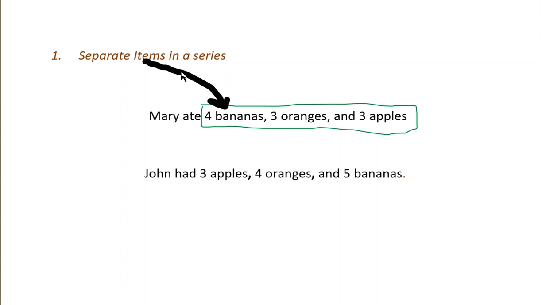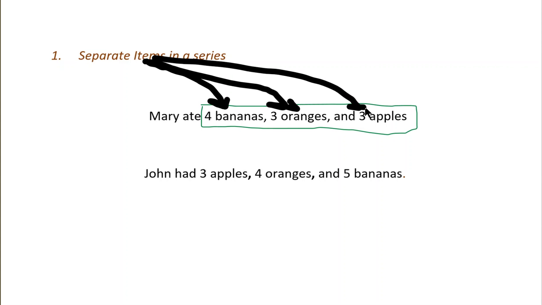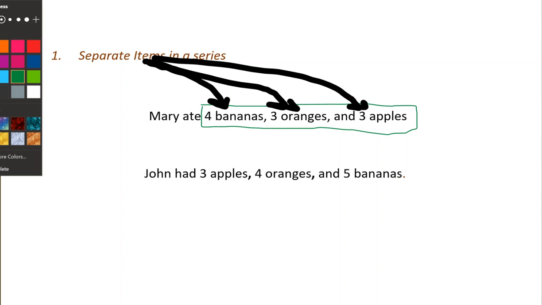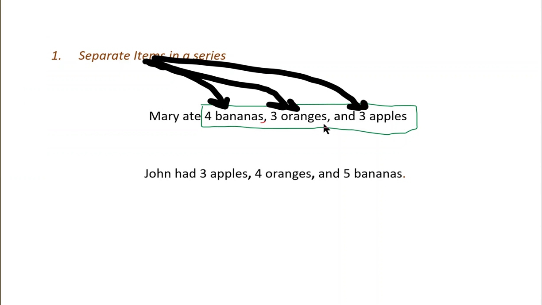So our bananas, right, our oranges, and our apples. And then our commas separate these items in the series. And that's the point of its first rule.